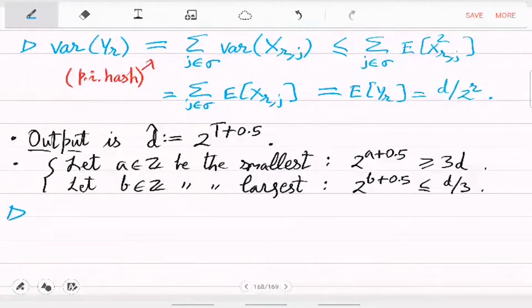So, first is the probability that d hat exceeds 3d, right, which means that t exceeds a. So, what is that?